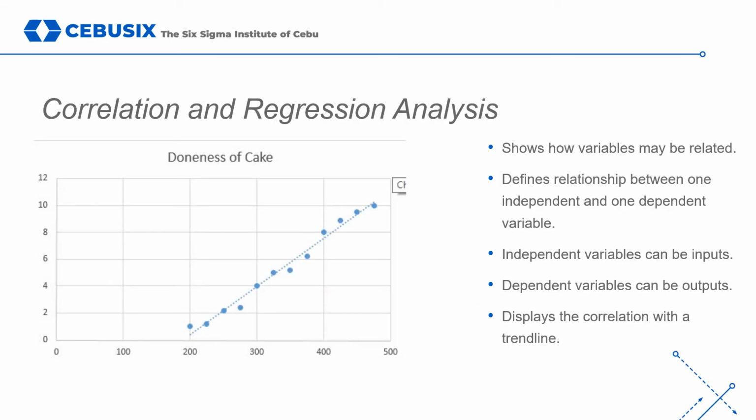Regression and correlation analysis helps Six Sigma experts understand how variables within a process might be related. Regression analysis helps teams define relationship between one independent variable, possibly an input, and one dependent variable, possibly an output. Does the temperature of the oven have a relationship to whether the cake is baked correctly, and how close are the two related?